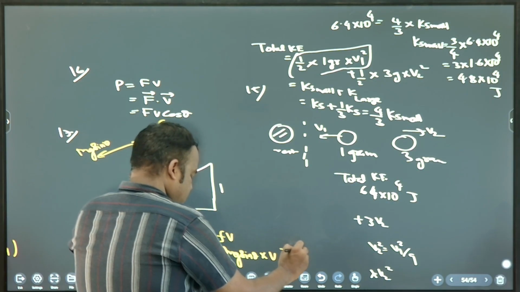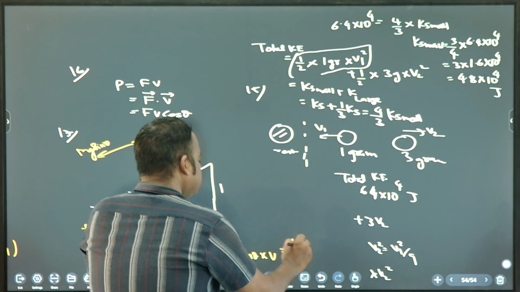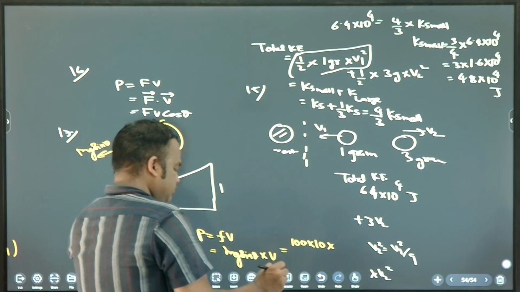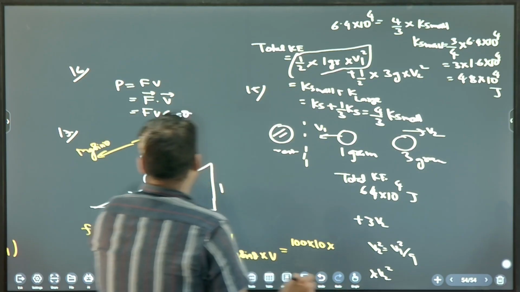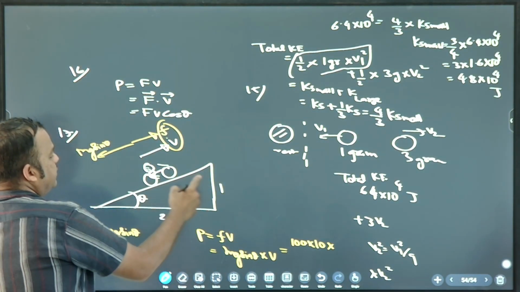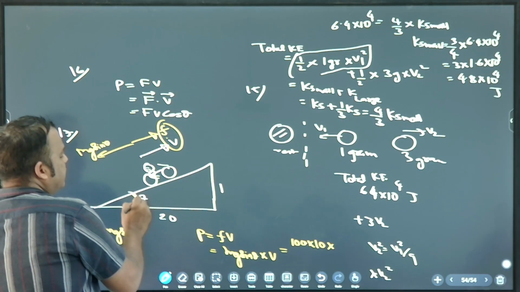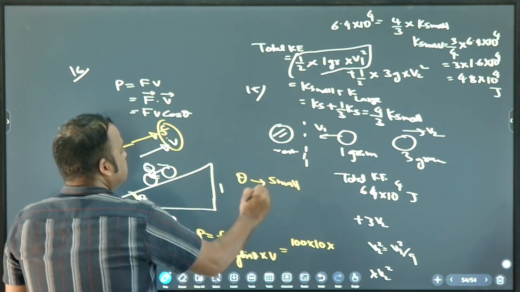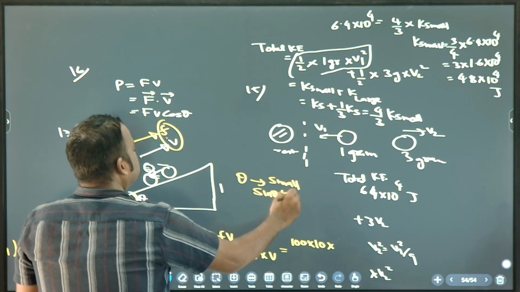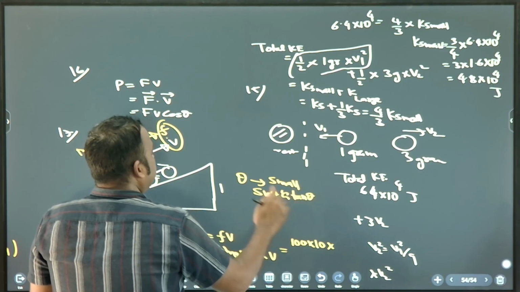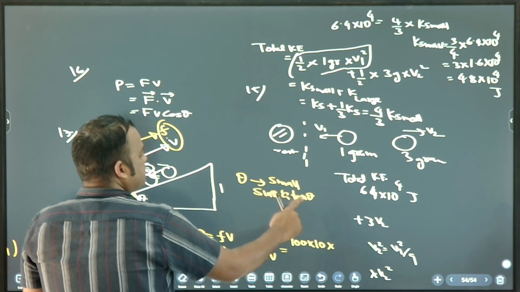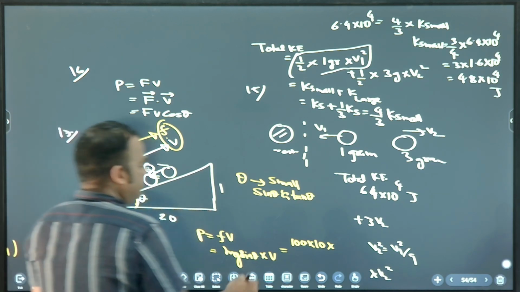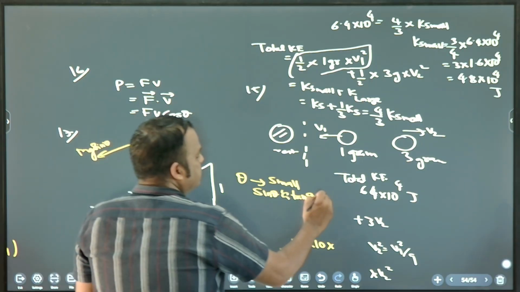So mg sin theta, 100 into 10 into sin theta. Now what is sin theta here? See, this angle is small. When angle is small, sin theta and tan theta are same. So what is tan theta? 1 by 20. So sin theta also 1 by 20.